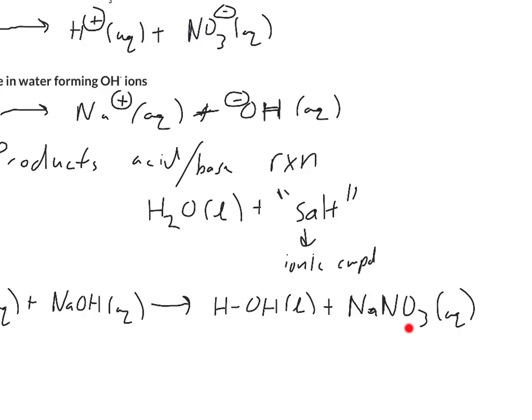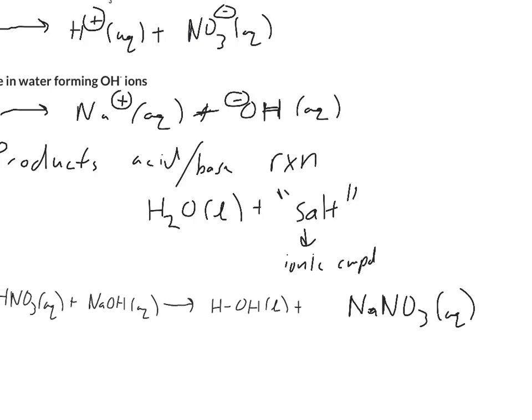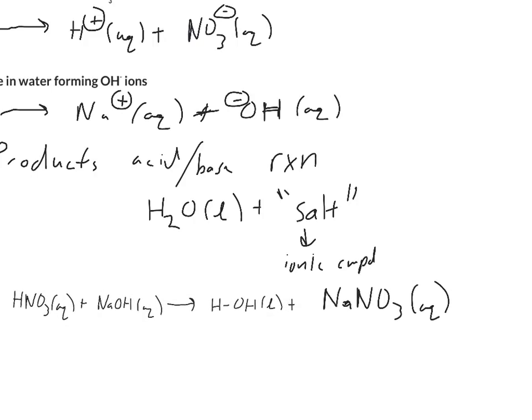Nitrates are always soluble in water, and so are group 1 metals. I wrote water as HOH just to denote that the hydrogen atom came from the acid and the hydroxide came from the base, forming water. Then sodium as a cation pairs with the nitrate anion to form the soluble salt.